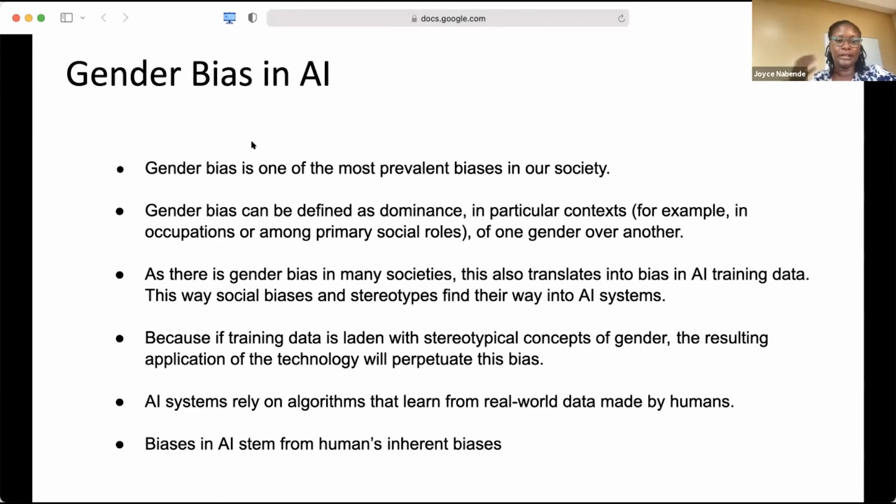And if our AI training data has the stereotypical concepts of gender, the resulting application of the technology will just enhance the bias that's already existing. Because of course, AI systems rely on algorithms that are learning from real world data that's made by humans.